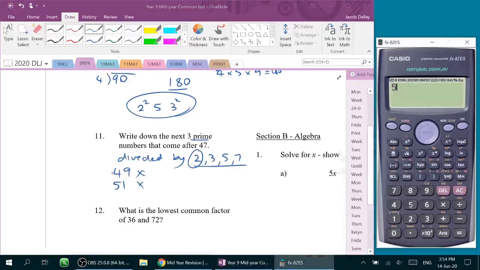The next one after that, 53 divided by 3, doesn't go. 53 divided by 5, doesn't go. 53 divided by 7, doesn't go.